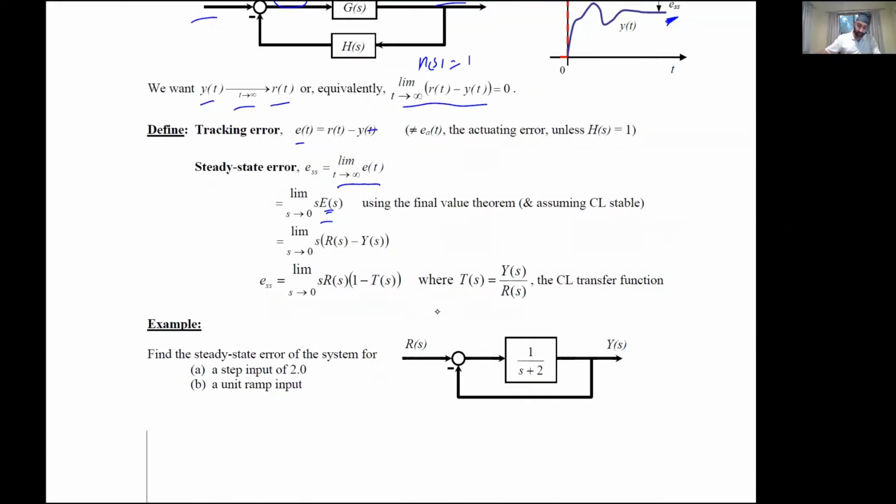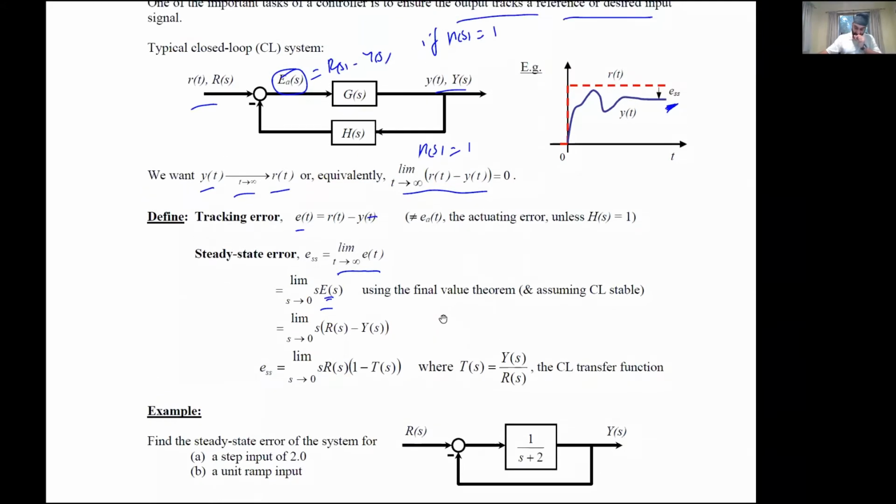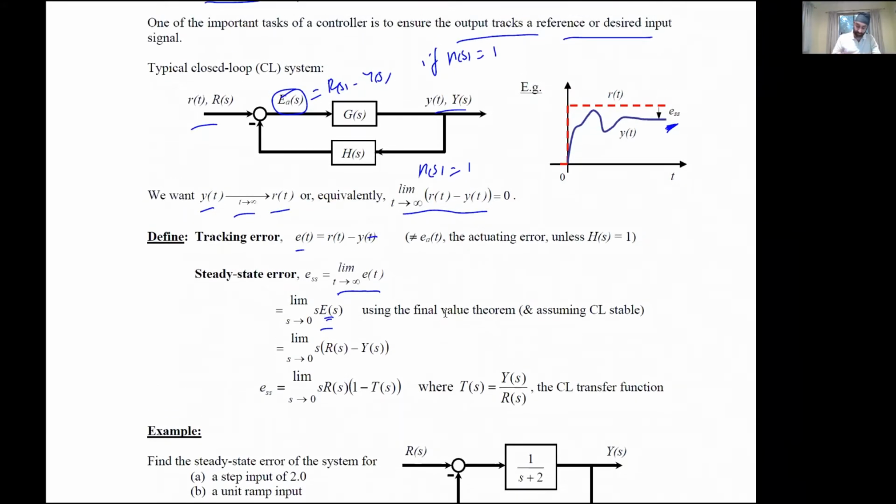So in order to find out what this E_SS is, we can replace E(s) by the Laplace transform of this equation. If we replace it, we get limit s tending towards 0 of s times (R(s) minus Y(s)). We can pull out the R(s) out of this bracket.